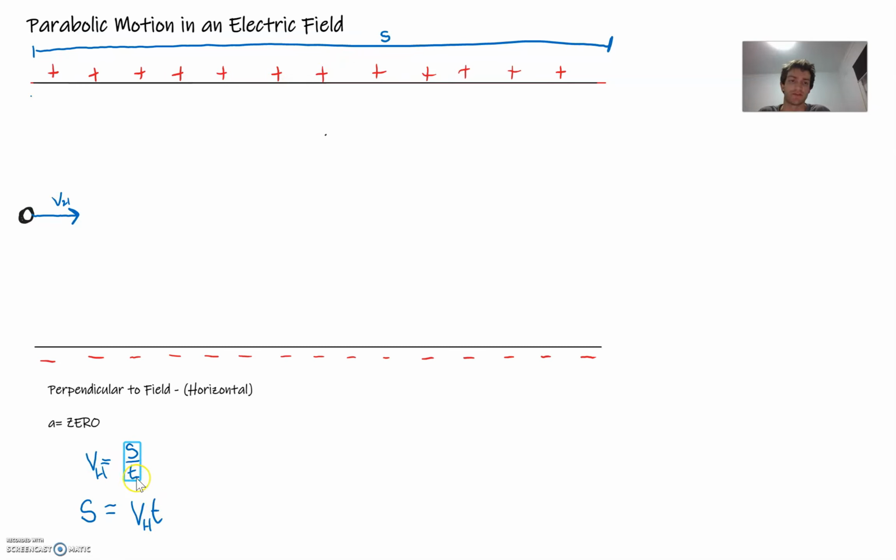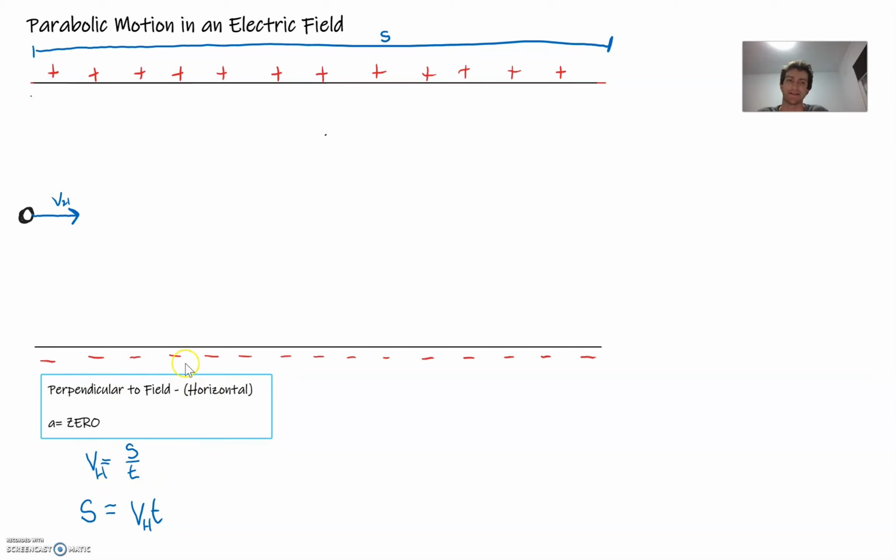We can rearrange that for the time, and we can figure out how long it's in the field for, which can be useful information. So perpendicular to the field, we always have acceleration as 0, and we use your basic speed is distance over time kind of formulas when working perpendicular to the field.